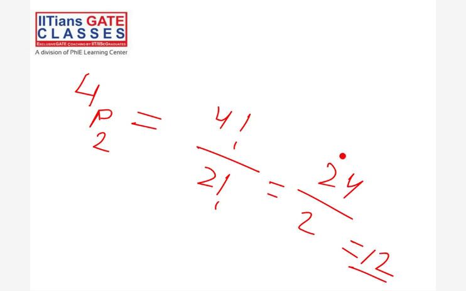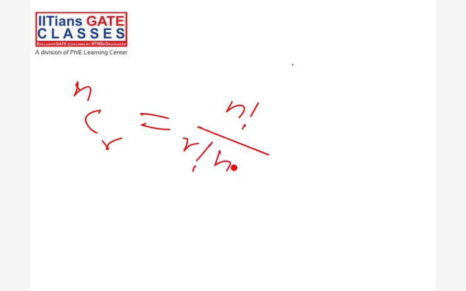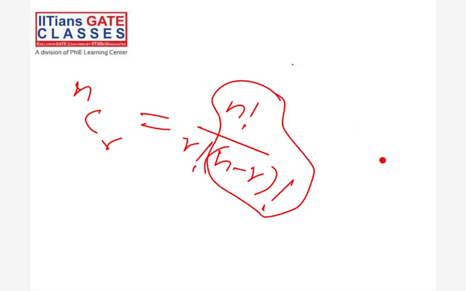These are simple concepts you might already be familiar with, but for the sake of completeness I wanted to discuss them: what is n factorial, what is nCr, what is nPr. You can easily find the relation between nCr and nPr. We have seen that nCr is n factorial divided by r factorial multiplied by (n minus r) factorial, and n factorial divided by (n minus r) factorial is nPr.